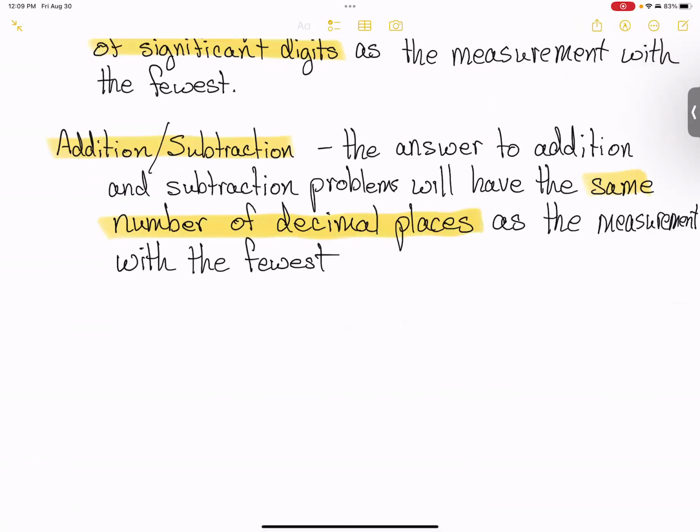The last rule that we will talk about has to deal with multiple orders of operation.